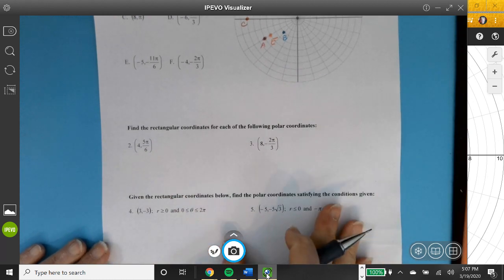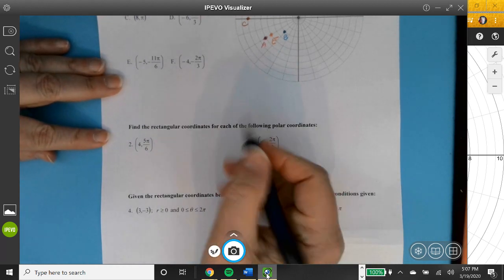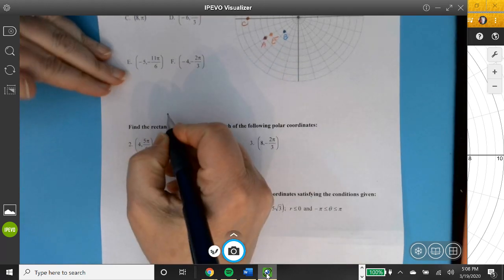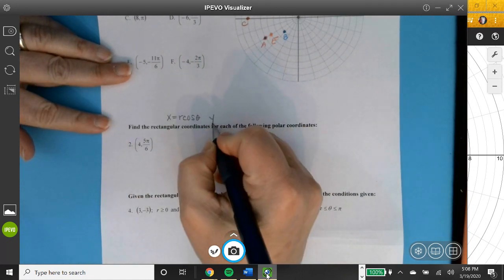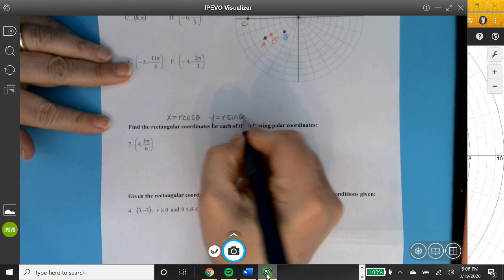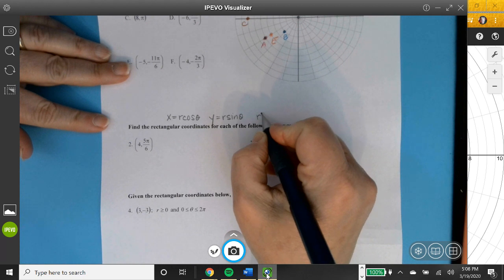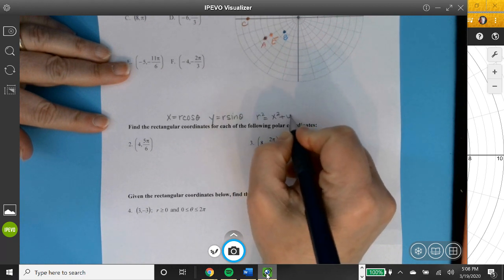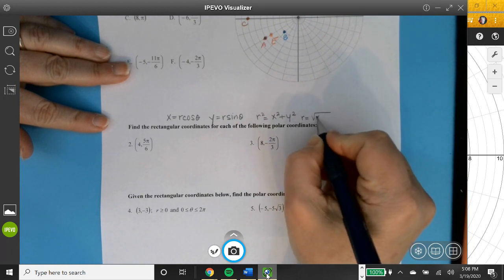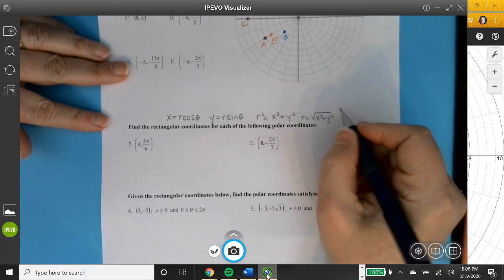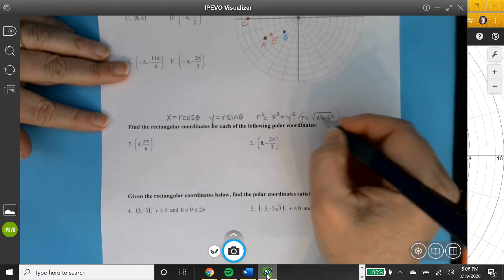And I want you to remember what the 4 equations are that you need for parametric or polars, and that's going to be that x equals r cosine theta, y equals r sine theta, and r squared equals x squared plus y squared. Or, I mean, similarly, r equals the square root of x squared plus y squared. And then, because this is kind of a, it comes out of this.